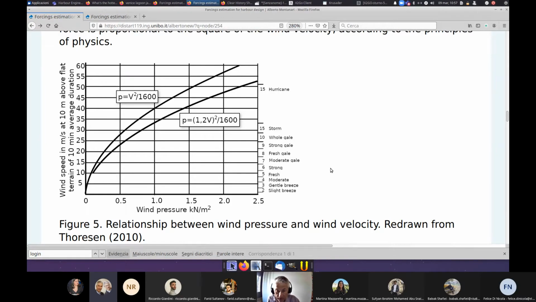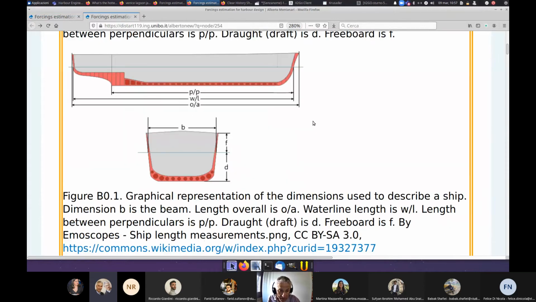You may remember that this classification refers precisely to the wind speed that has a duration of 10 minutes and is measured at 10 meters above flat terrain. This classification we already considered. Let me go to the other page, and it's here.